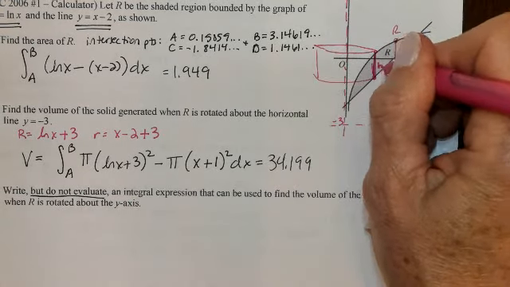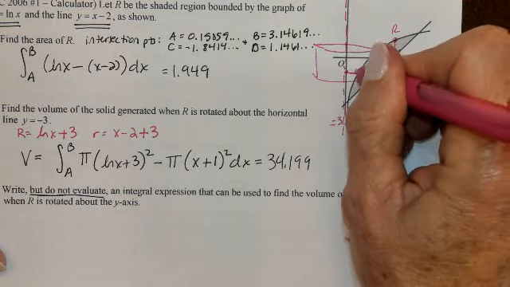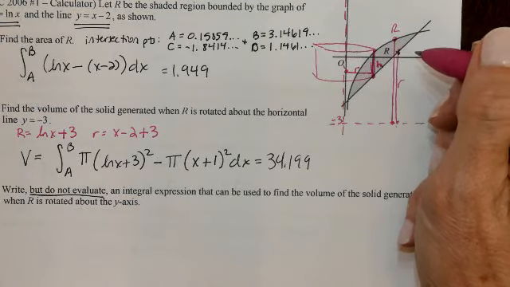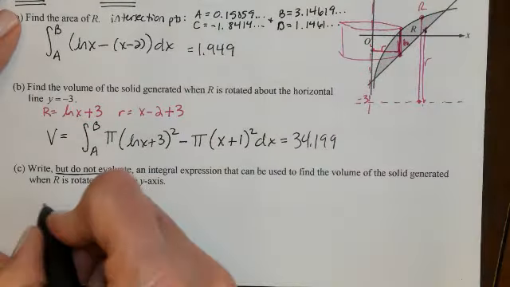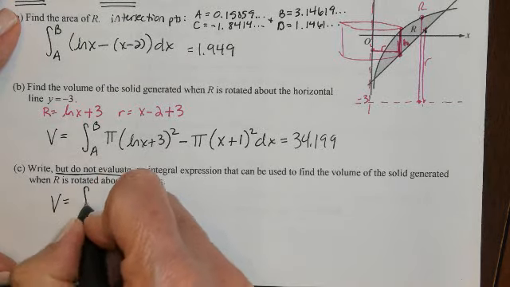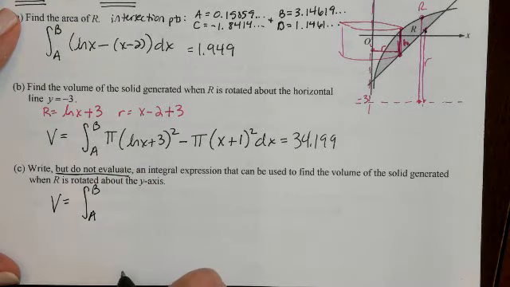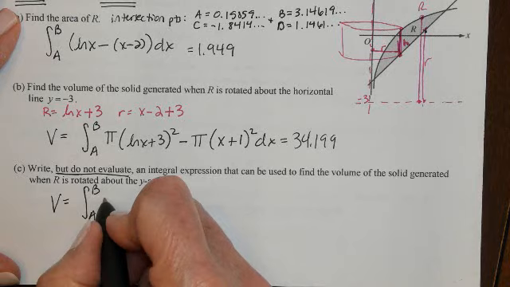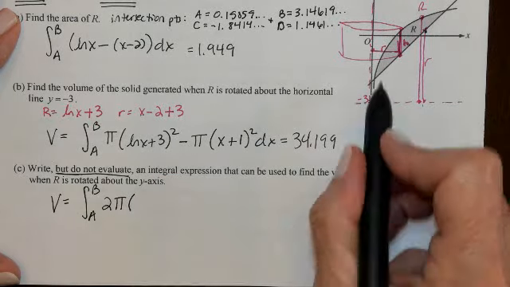So there's my slice. When I rotate it, there's my cylinder. This is the height, right? This is the radius, yes? So the volume will be the integral from A to B still, right? Of 2 pi R. What is R?